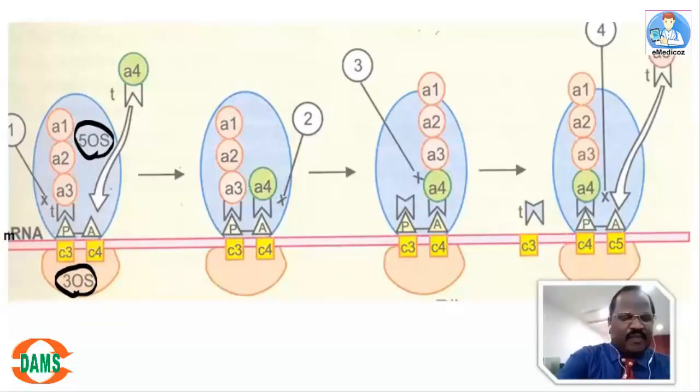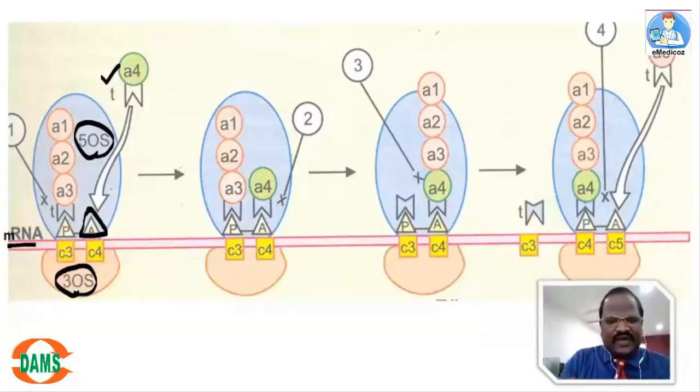I put here mRNA, messenger RNA, and tRNA, transfer RNA, and then A site. A site means acceptor site. Whatever new amino acid comes to the bacterium will be accepted only at the A site. Then I put P. P means nascent peptide chain, the already existing peptide chain.